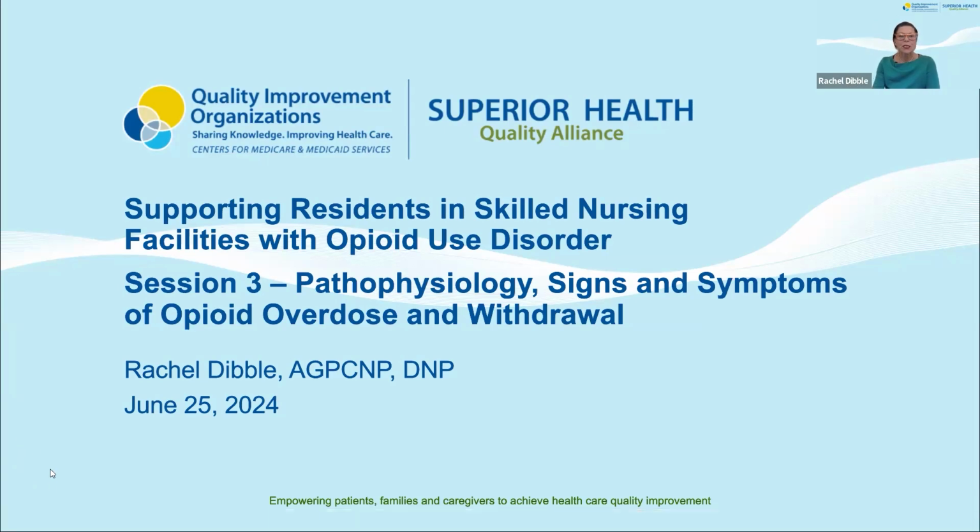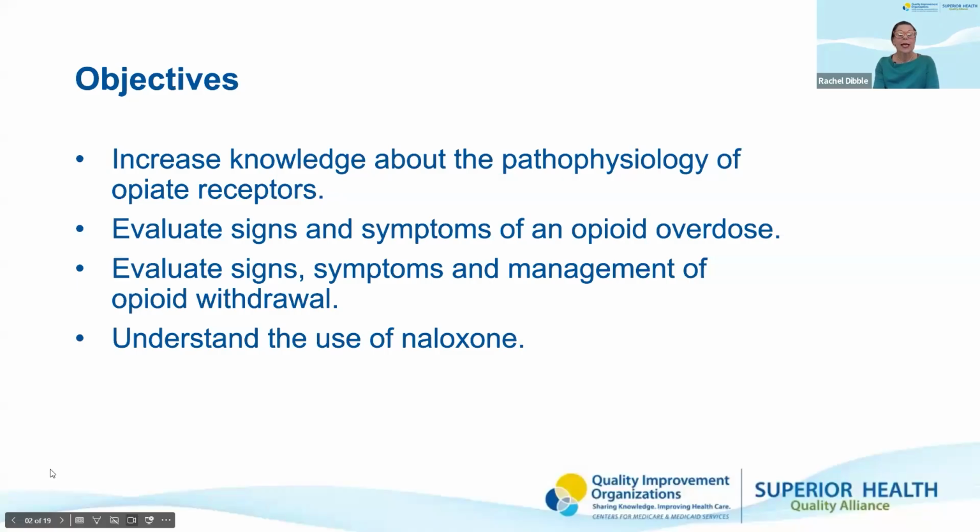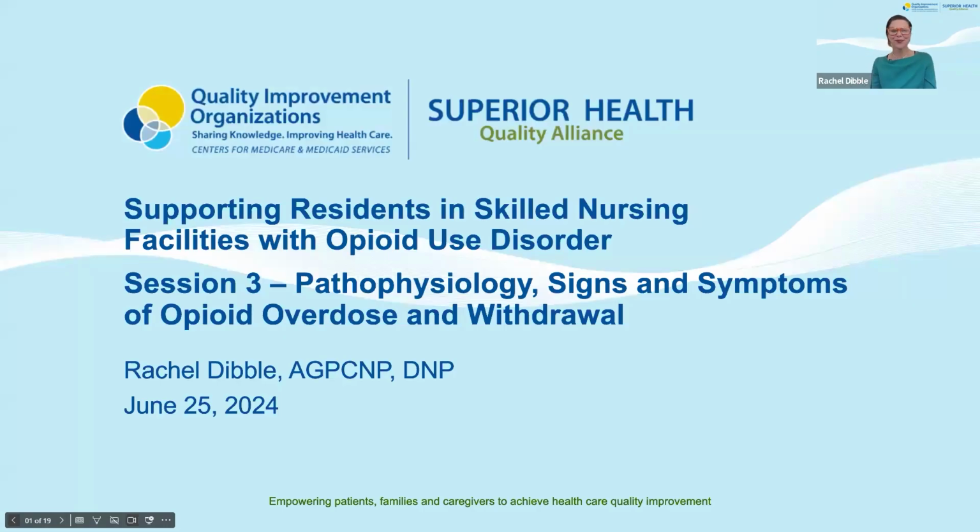So the topic, of course, is supporting residents in nursing homes with skilled nursing facilities with opioid use disorders. This session is discussing the pathophysiology, the signs and symptoms of opioid overdose and withdrawal. That being said, I would like to umbrella the title with thoughts as I speak to the topic.